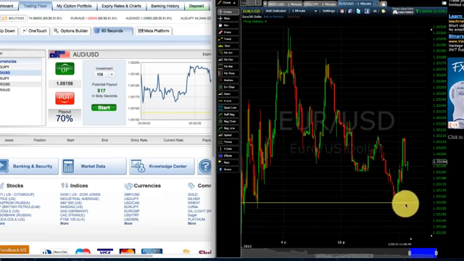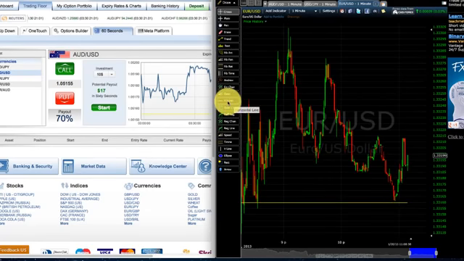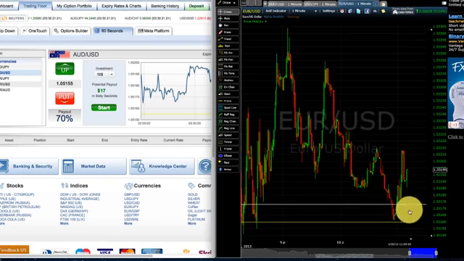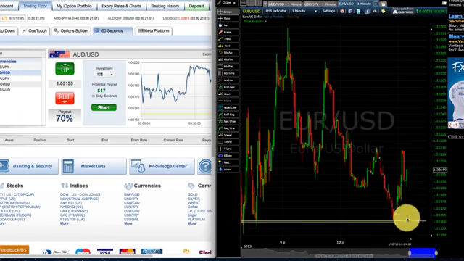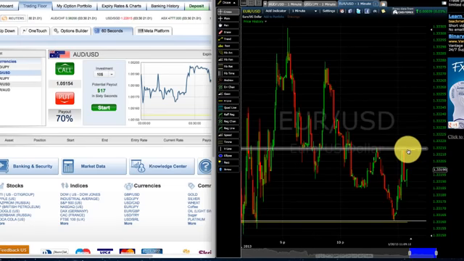This yellow line here is the actual opening price for a trade. You see that's a bit of a support line there, and around about here the price is resisting.